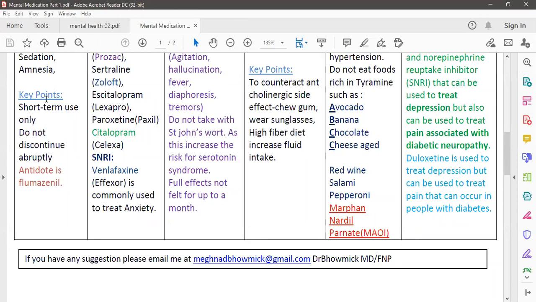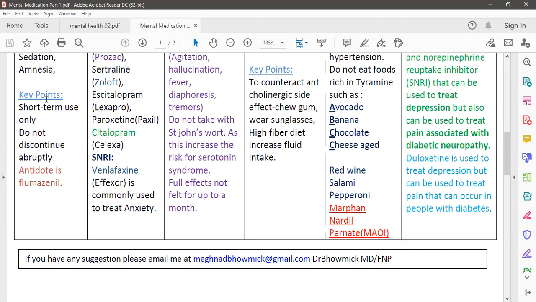If your patient takes benzodiazepines, we monitor respiration because this medication can cause respiratory depression, and it is also good to monitor liver function tests. Benzodiazepines can also be used as an anticonvulsant or for sedative effect. They have a sedative effect, so we use them for insomnia or as a muscle relaxant.